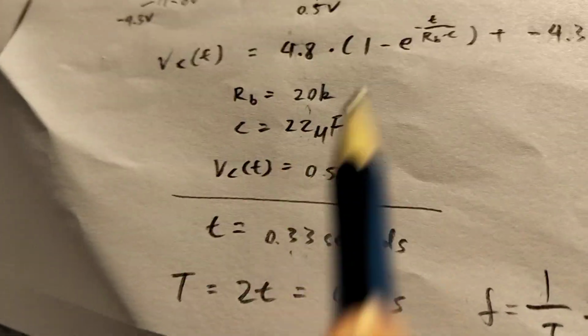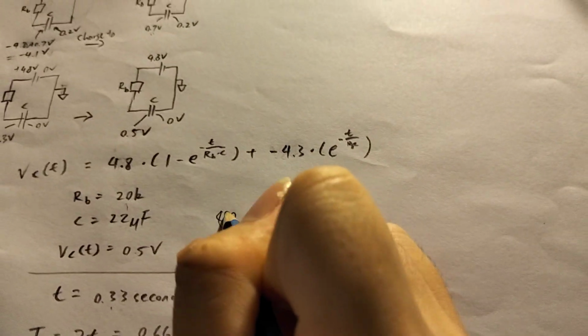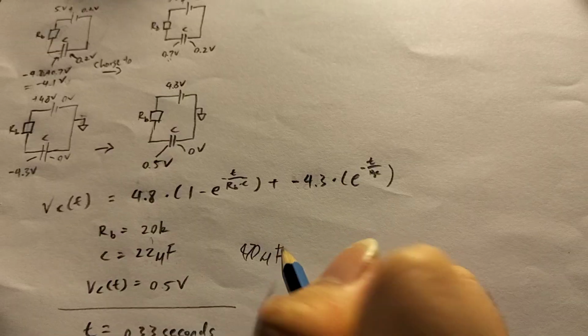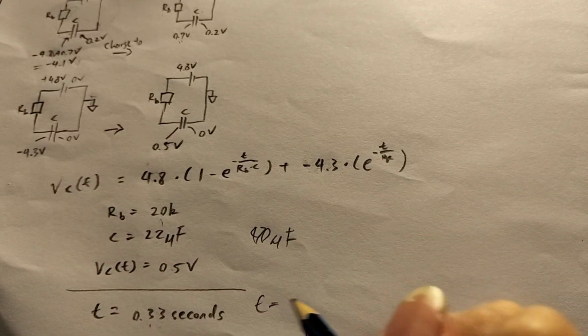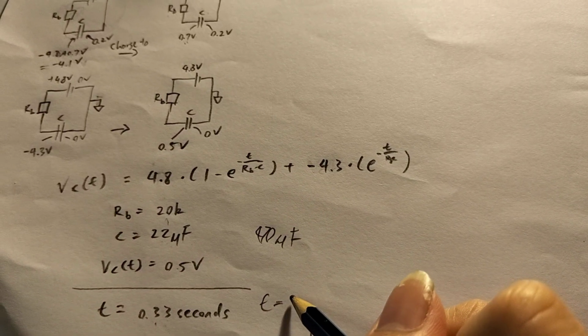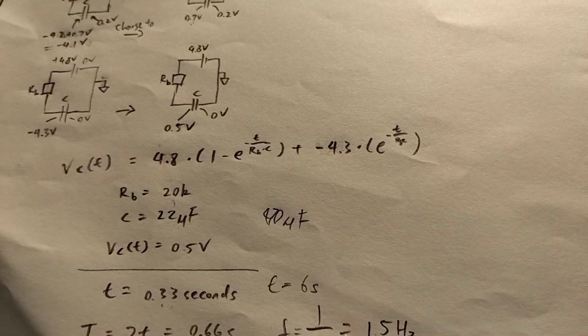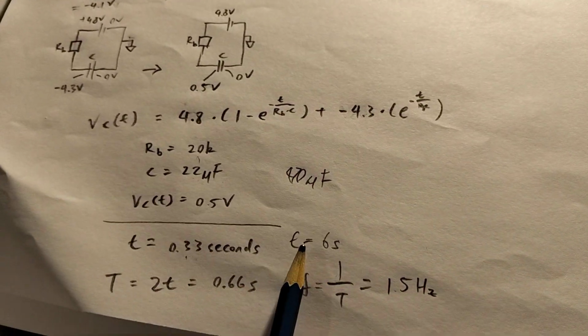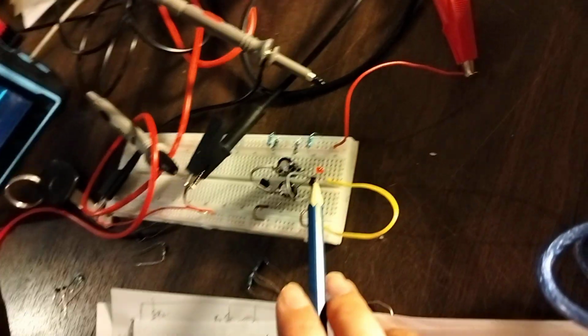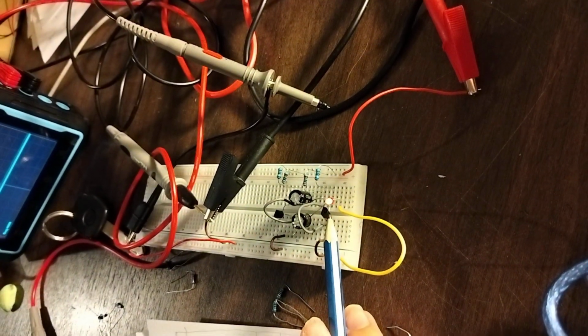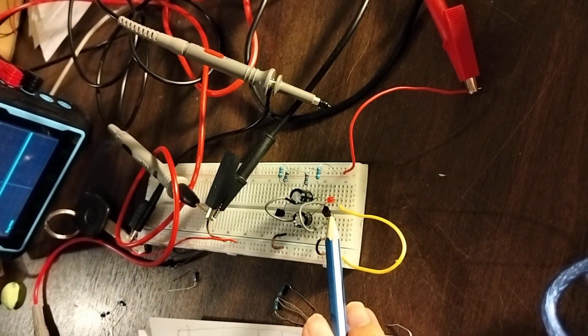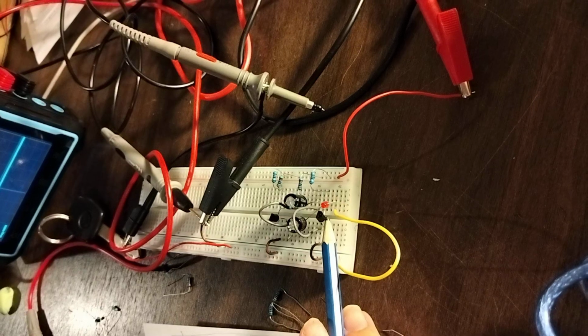And then I used a 470 microfarad, and it gave a t equal to, I think, about 6 seconds or something. The reason you don't see this LED flashing at 6 seconds is that it's doing it every second, so every half a second is the charging period.